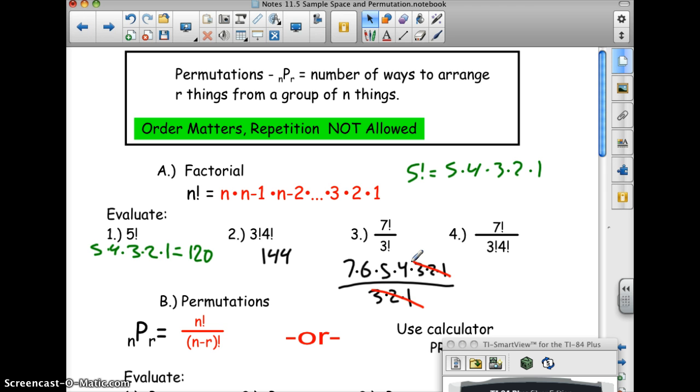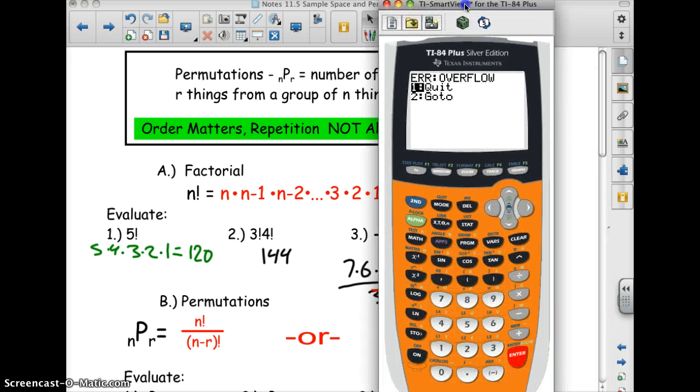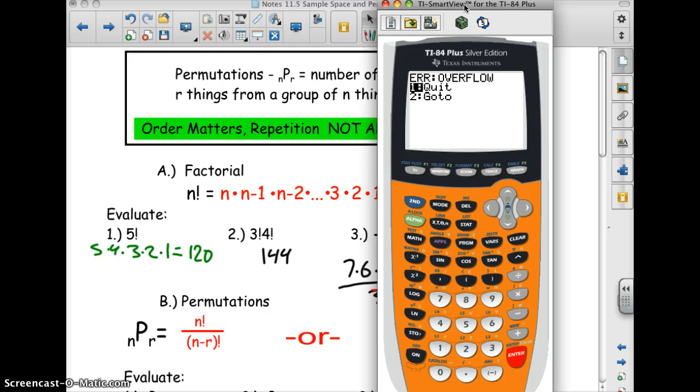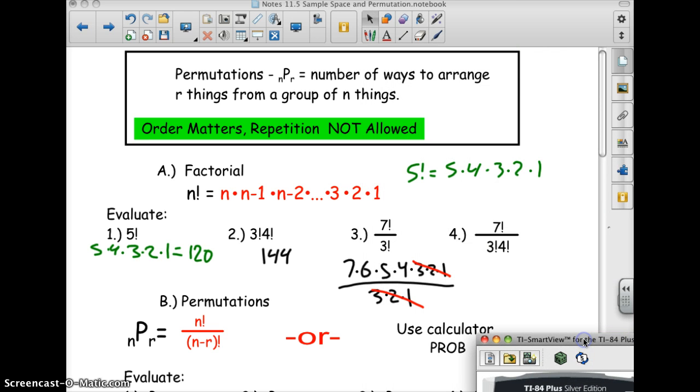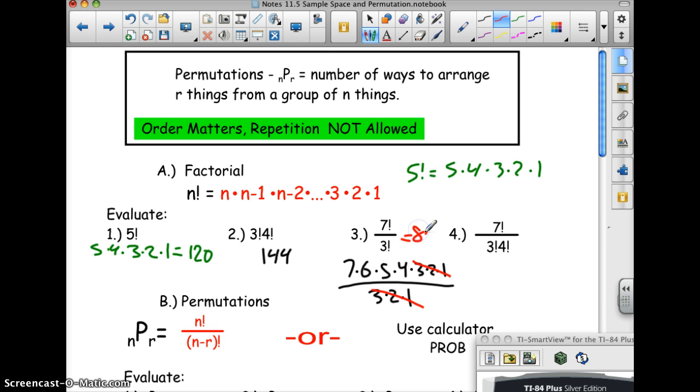So it's just 7 times 6 times 5 times 4, and you get 840. This one could have been done by entering 7 factorial divided by 3 factorial into the calculator. But as we get to larger numbers, that won't work.